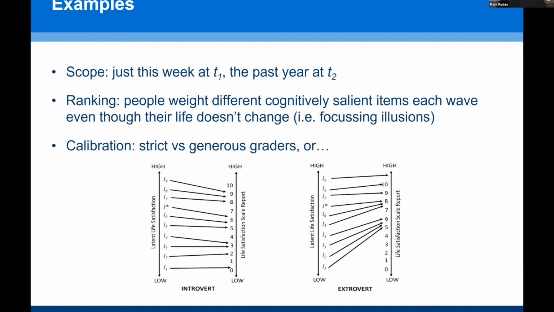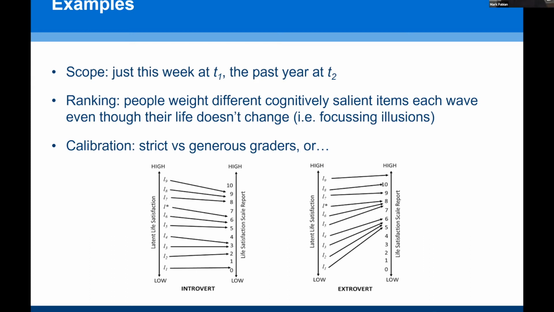And then the calibration issue, I think an easy way to get your head around this is if you think back to high school and university and generous versus strict graders. So you could have two professors who assess work the same way in terms of its quality, but then map that quality into a different grade numerically.